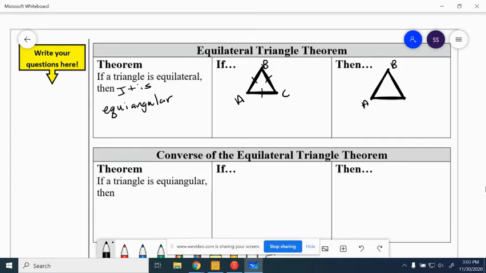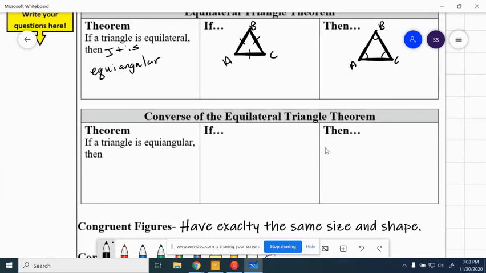So here's that same triangle. We know that all of these angles are congruent. Okay, so then the converse of that, basically saying the same thing in the different order, right? So if a triangle is equiangular, then it is equilateral.